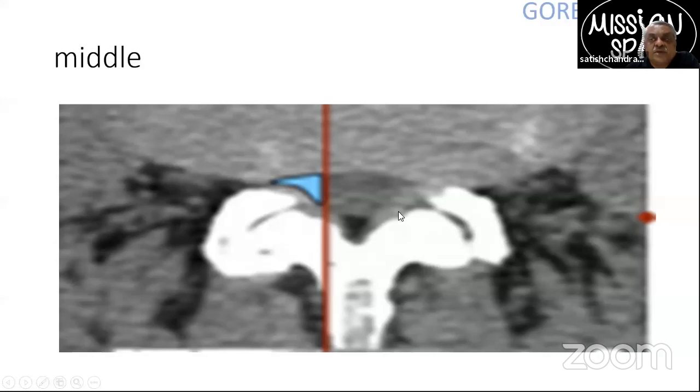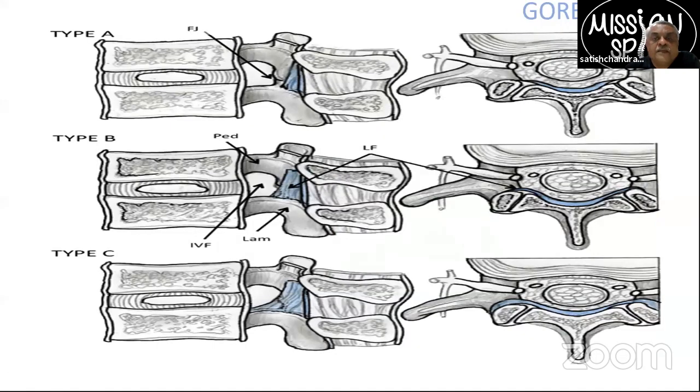Now, please pay attention very carefully. The ligamentum flavum is seen like this. If you see the images on the right, that is the cross sections, you will find that the ligamentum flavum is this. That is type A, which presents from the midline up to the facet joint or up to the medial border of the pedicle in a coronal image.